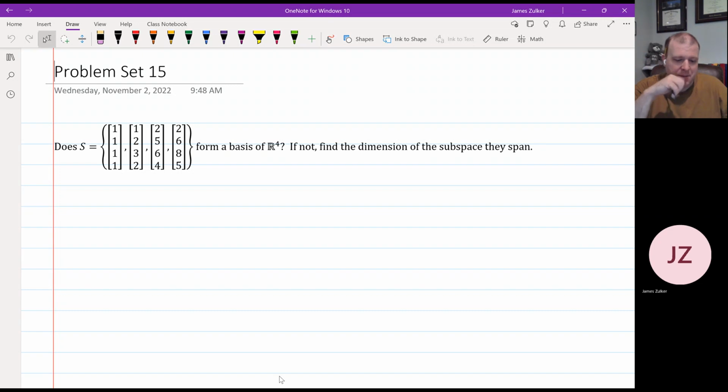if it's linearly independent. To do that, we need to set up the coefficient matrix for the homogeneous system of linear equations, and it's linearly independent if and only if that system has only the trivial solution. To set up the matrix, just set each vector as a column of the coefficient matrix.